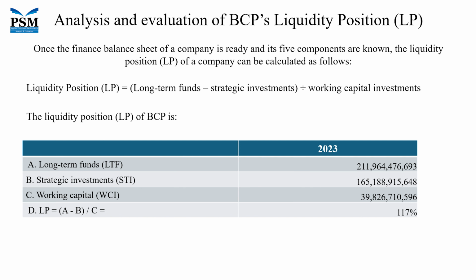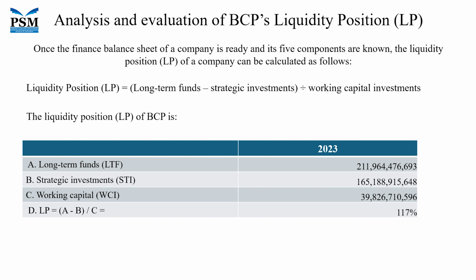So LP, or liquidity position, equals long-term funds, which means long-term debt plus total equity, minus strategic investments. These are long-term investments in the core business of the company, and then we divide that amount by working capital investment.